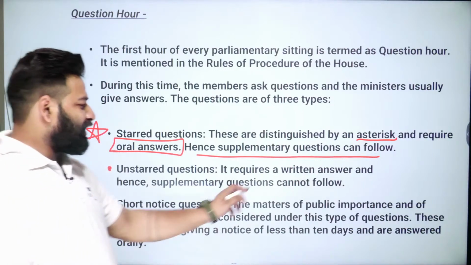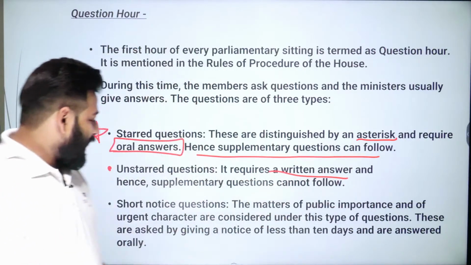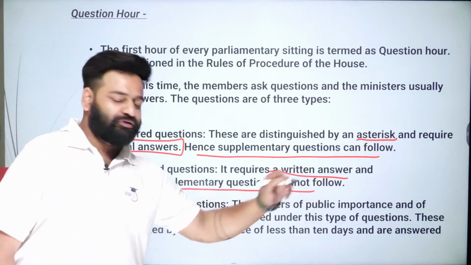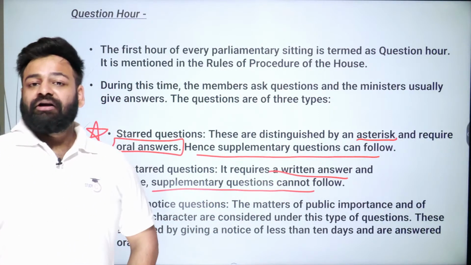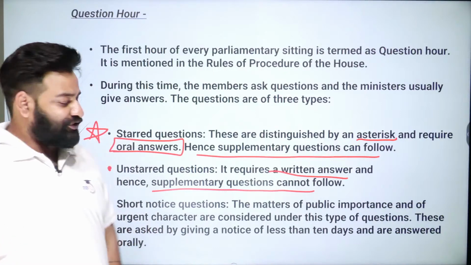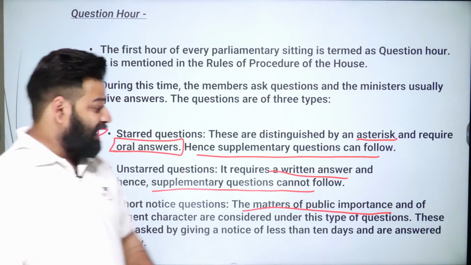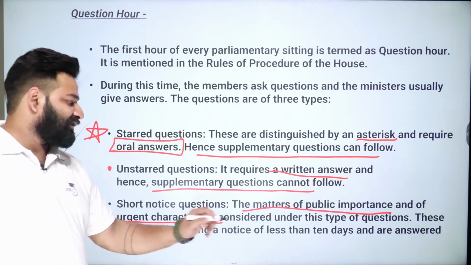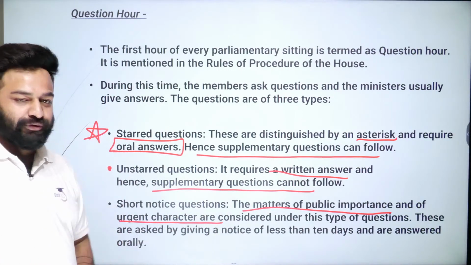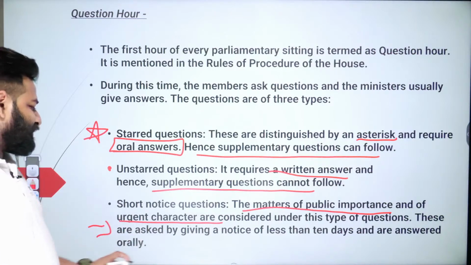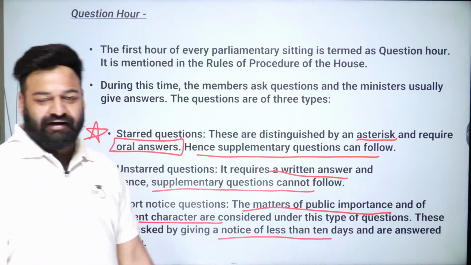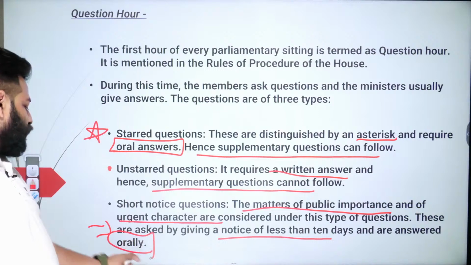It requires a written answer and hence supplementary questions cannot follow. Third one is short notice question. What is the short notice question? Matters of public importance and of urgent character are considered under this type of questions, and they are asked by giving a notice of not less than 10 days and they are answered once again orally.